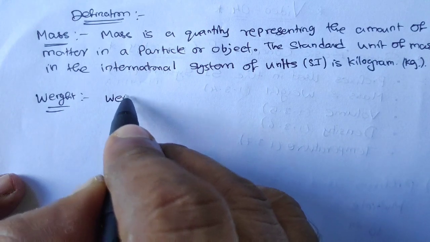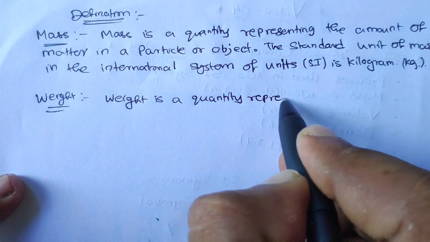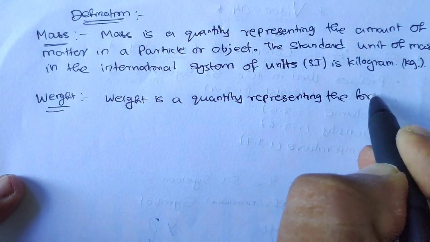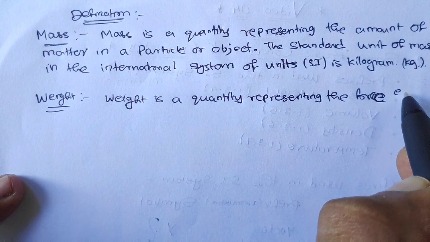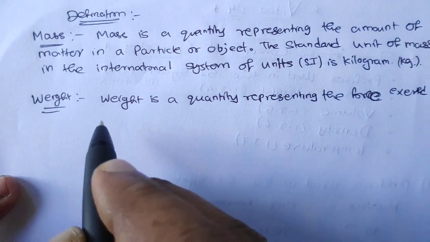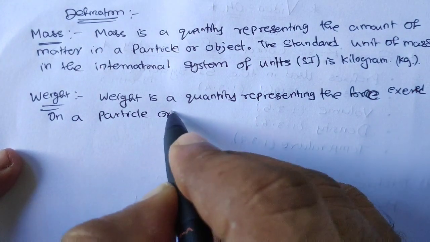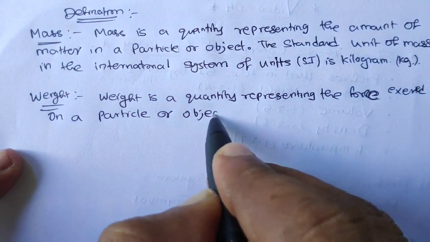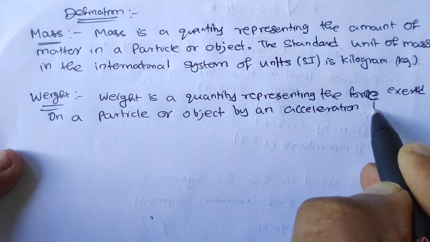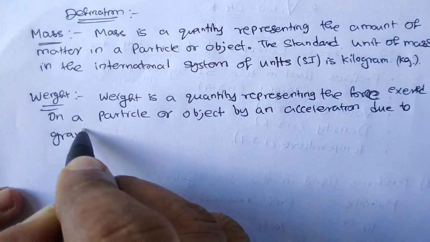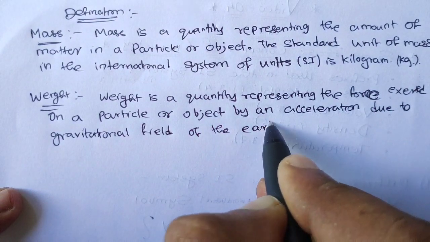Now when we talk about weight, the weight is a quantity representing the force exerted on a particle or object by the acceleration due to the gravitational field of the earth, right?